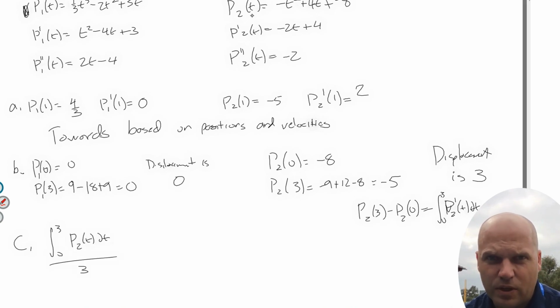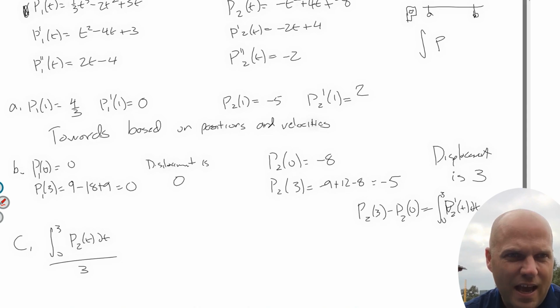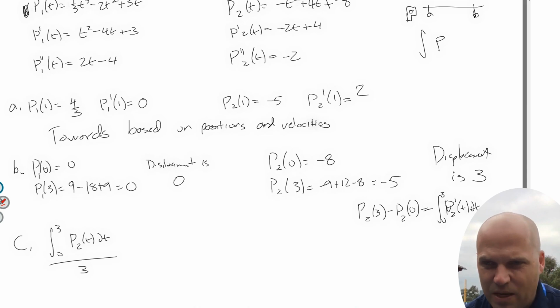I have to somehow accumulate the position. How do I accumulate the position? Well, you could think about how the accumulation of P would come from capital P and its displacement from A to B. Take capital P of B minus capital P of A, and you get the accumulation of P. So I need to find capital P.